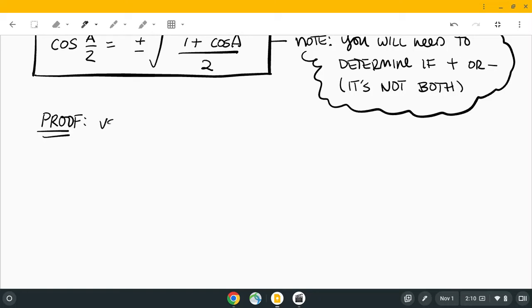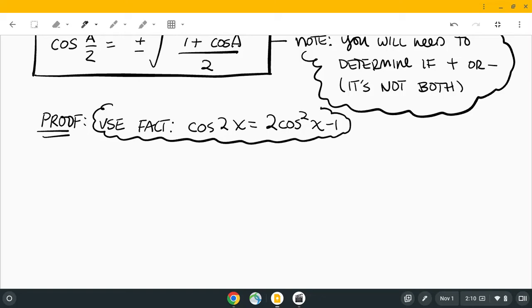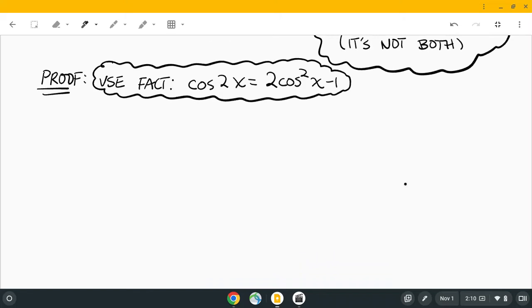All right, let's use the fact that cosine 2x equals 2 cosine squared x minus 1. Again, whether you use x's, a's, b's, it doesn't matter.